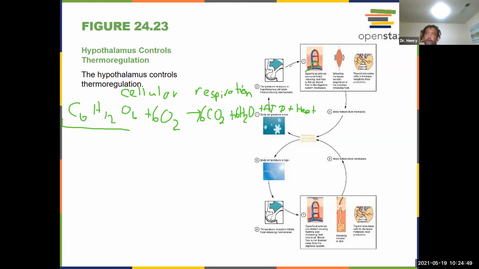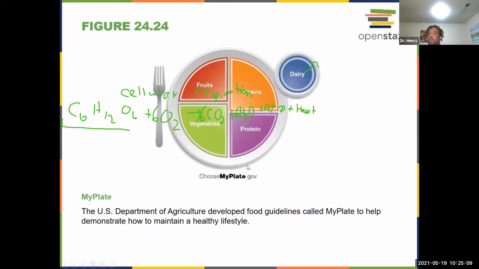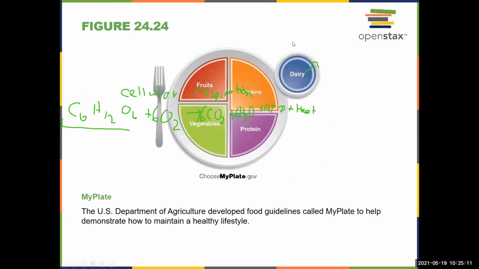So are you guys kind of seeing how it's all being tied together, that whole metabolic process, with the regulation in terms of temperature, in terms of calcium homeostasis, you know? Yes. Okay.